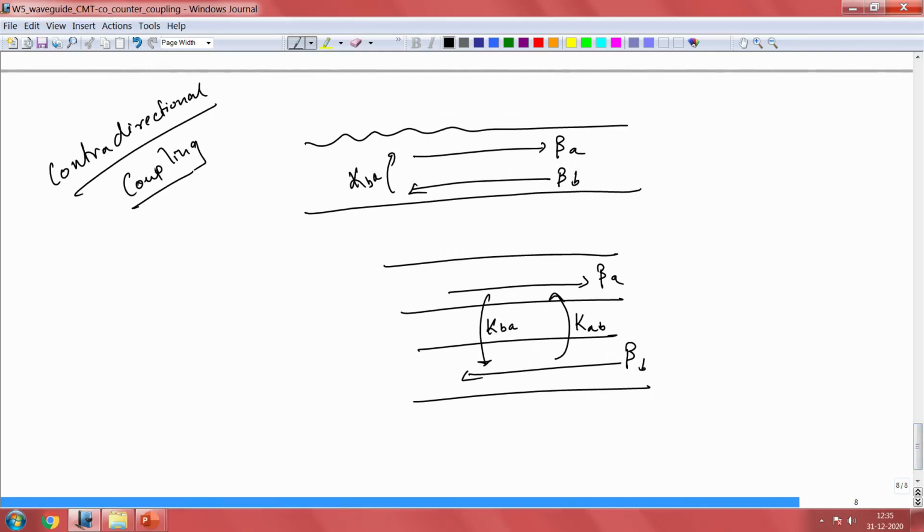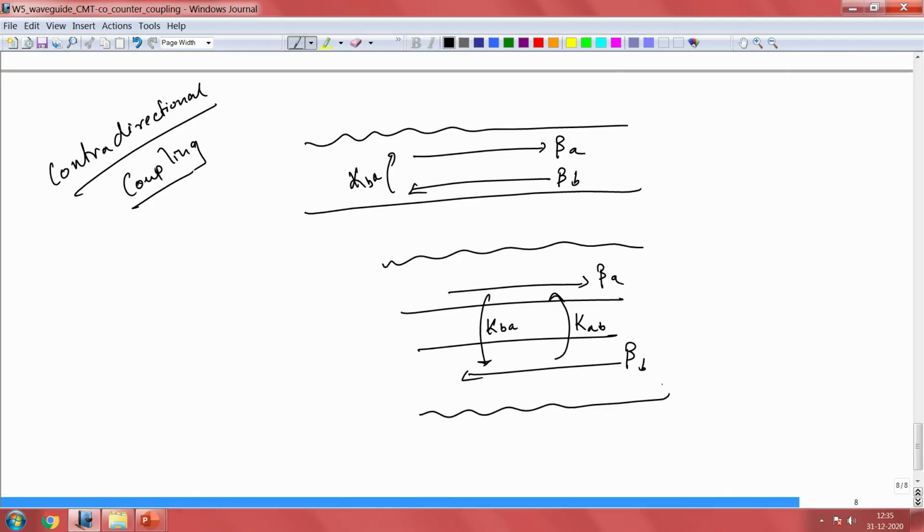So, even in this case when you talk about a simple two waveguide system, you should have reasonable perturbation both here and also here. So, one of the requirements is severe perturbation.